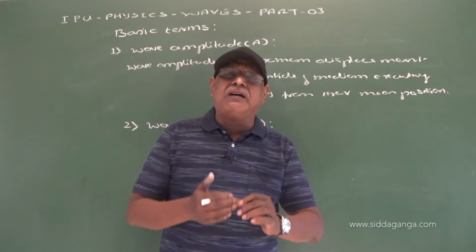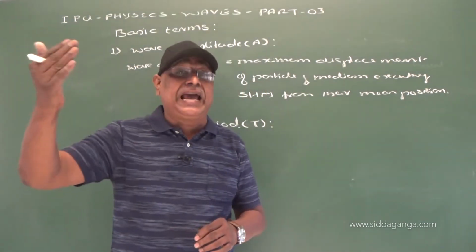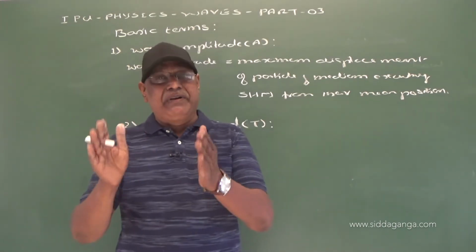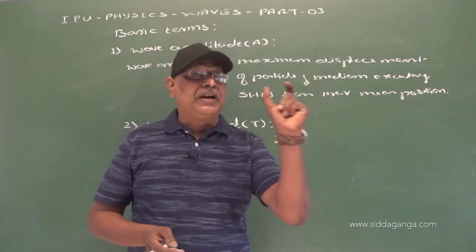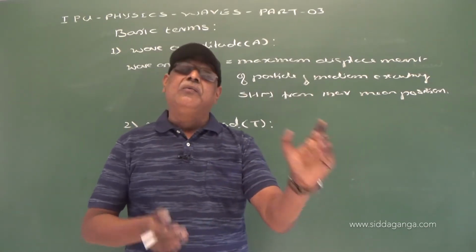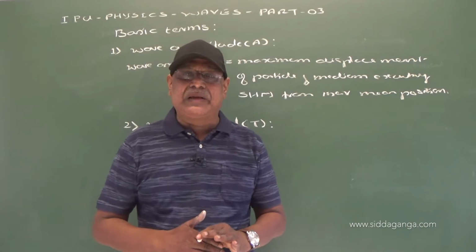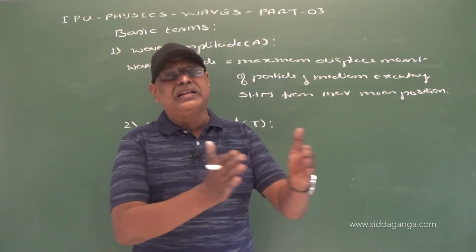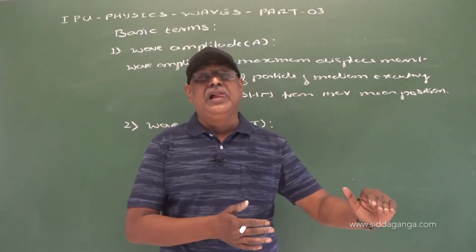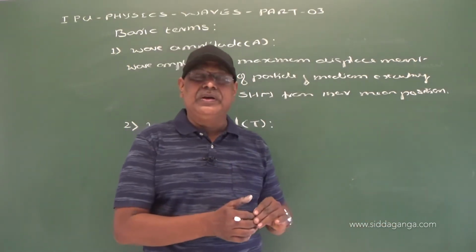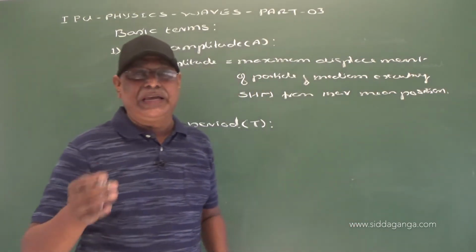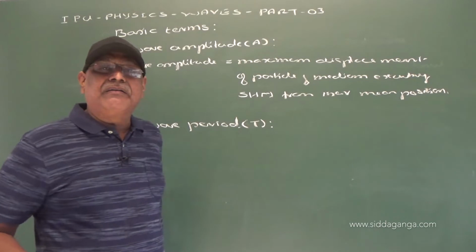When the frequency is high, we say vibration, like vibration of a tuning fork, vibration of a stretched string. Both are simple harmonic motions, but the word oscillation is used when the frequency is low, and the word vibration is used when the frequency is high. So here we are using the word vibration.